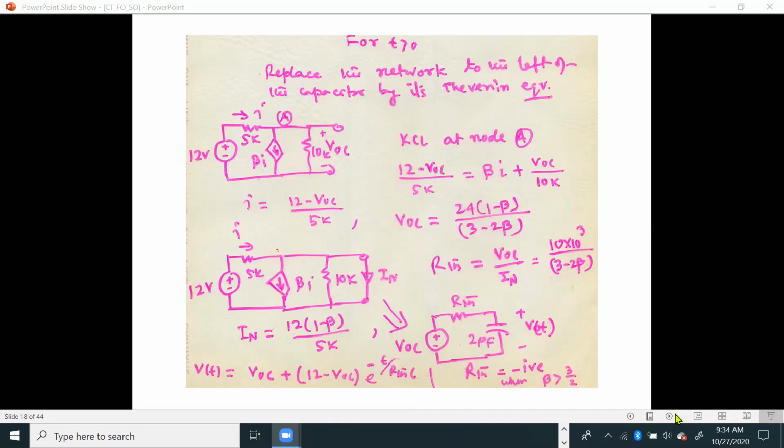So this concludes our first order. But before concluding it, let me again revisit the general form of the first order equation when it will give you an unstable result. Okay. So you can see that our first order general form of the equation was dy/dt plus ay equal to bx, something like this, wasn't it? Yes, sir.